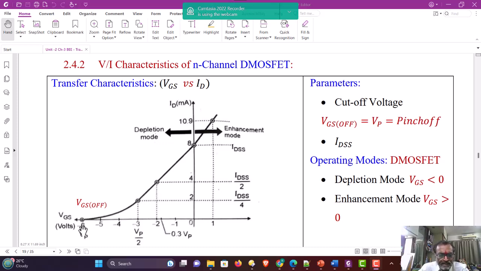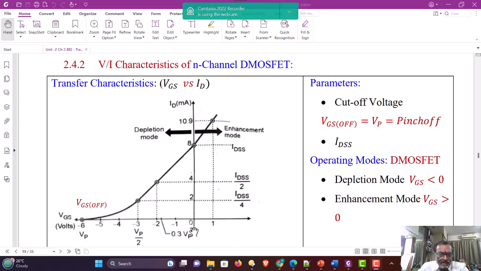There are no charge carriers available. The channel width will shrink to 0. No channel exists between drain and source and therefore no current flows. This happens at a particular voltage called pinch off voltage. So pinch off voltage is nothing but the value of VGS at which the channel totally pinches off, meaning drain current ceases to exist. That is called pinch off voltage.